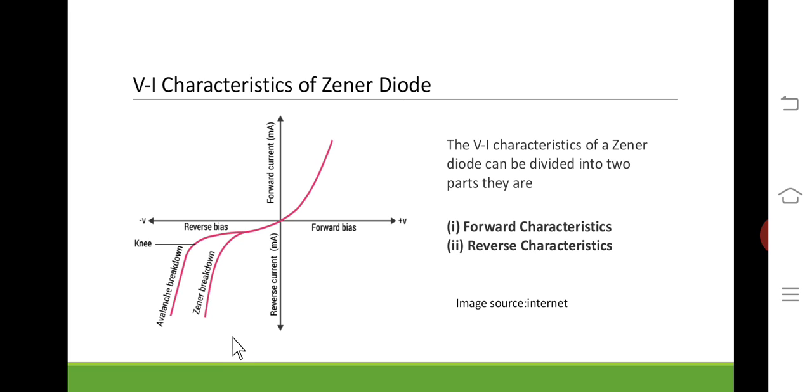If the junction is heavily doped, then we are able to get the Zener breakdown. If the junction is lightly doped, then we are going to get the avalanche breakdown. Please follow the video once again for a better understanding of the avalanche and the Zener breakdown.